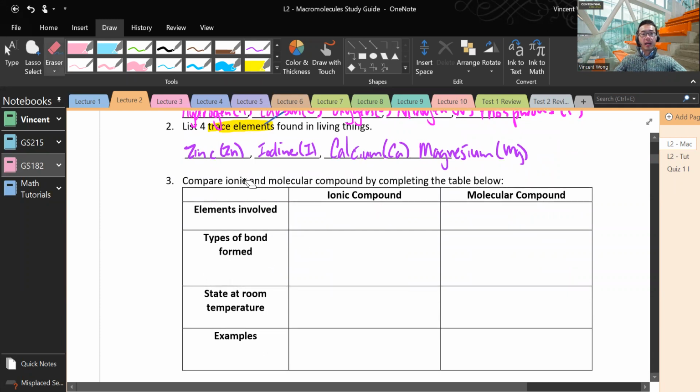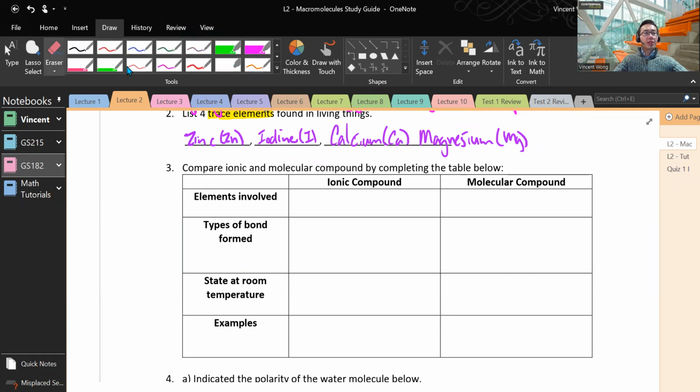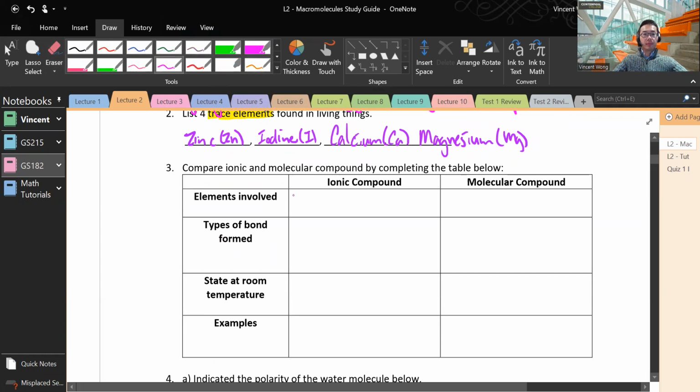Compare ionic and molecular compounds by completing the table below. Okay, so the ionic compound, yes, zinc is for the immune system amongst other things. Ionic compound involves metal and non-metal. If you think about the periodic table, there is a little staircase here.